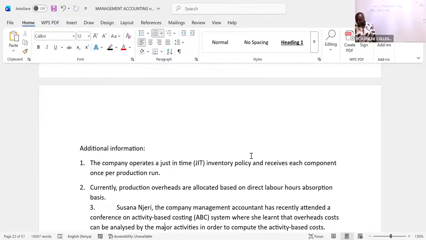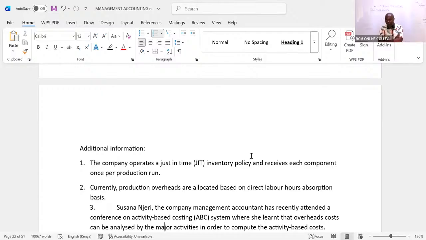I haven't yet taught you what we call inventory management, but whenever you hear of this JIT, what comes to your mind? Yes. In this case, just in time, we shall only be making orders when we need to make production.